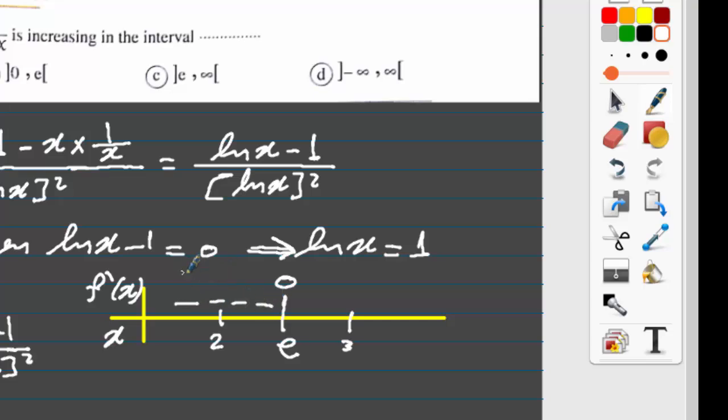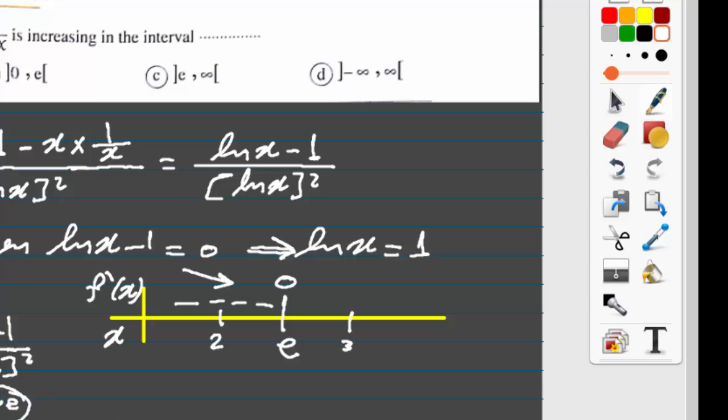So the function is decreasing in this interval. So f dash of 2 here is negative.